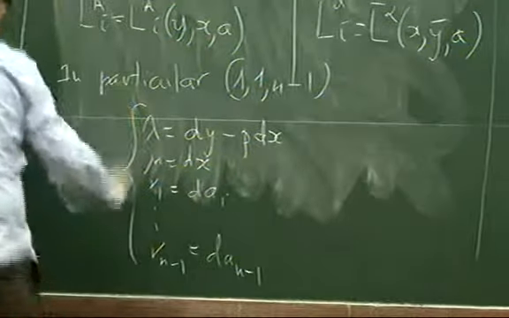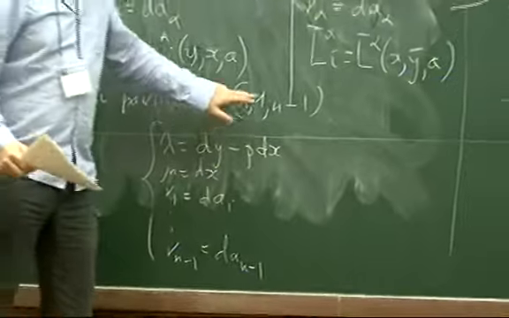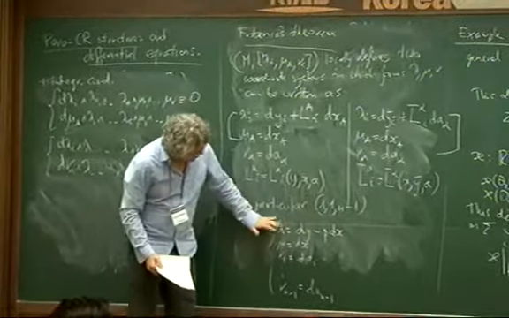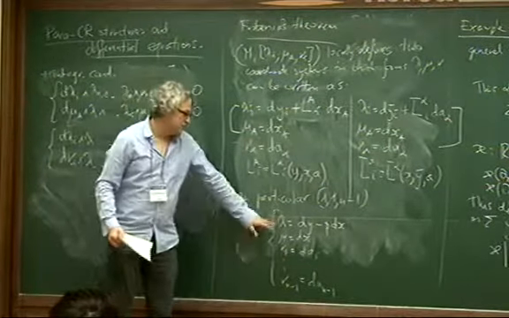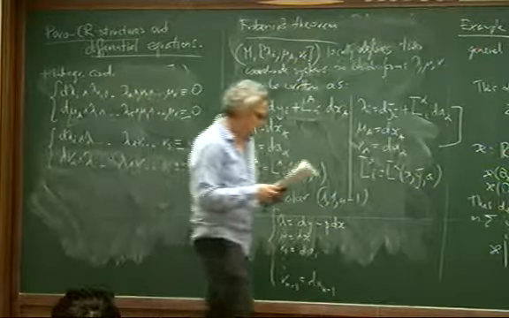So that's the first thing. So given a para-CR structure of type 1, 1, n minus 1, I can always locally find a coordinate system in such a way that this para-CR structure is represented by lambda, mu, and nu given by this thing. Okay?